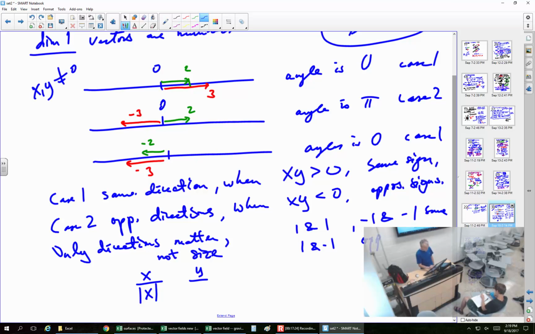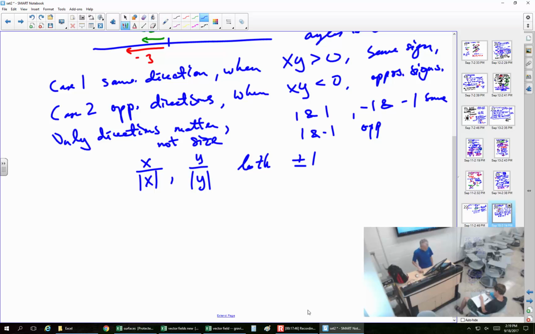So I just divide x by the absolute value of x, assuming that xy is not equal to 0, and then I have y divided by the absolute value of y. Then indeed, when we divide by the absolute value, these numbers have only two cases, plus or minus 1. And then the cases to consider will be, if I multiply, I end up with x over |x| times y over |y|.